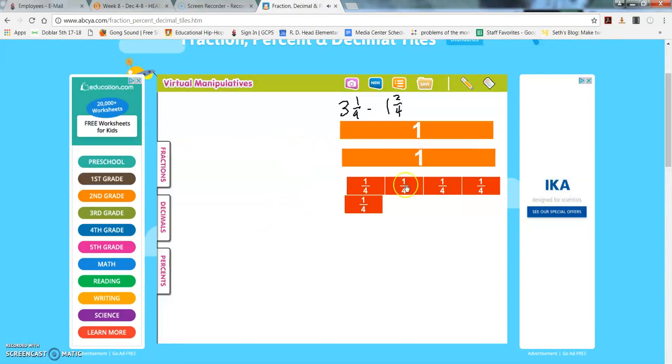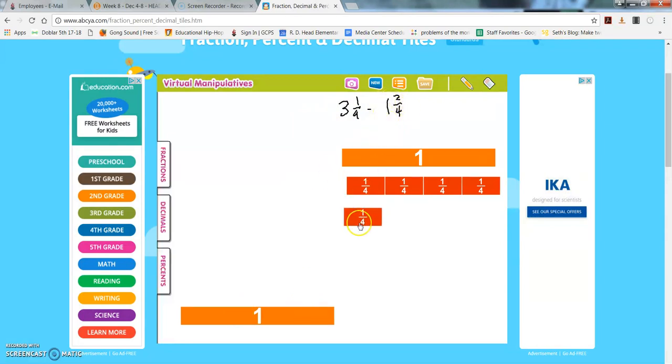Sorry about that. So now I can take away one whole, and I can take away 2/4. 1, 2. I just have to take it out of the whole. That's my regrouping. So now I'm left with 1 whole, and 3/4.